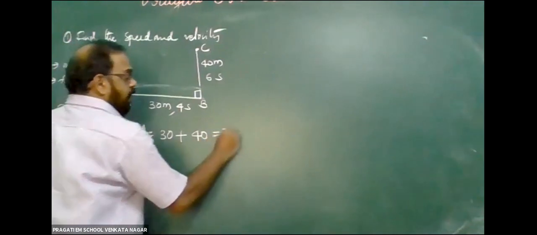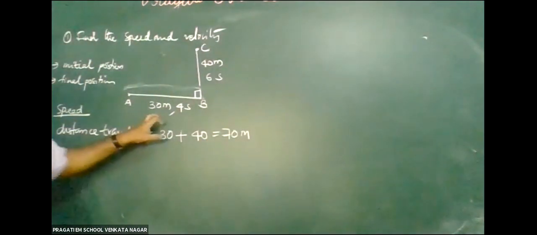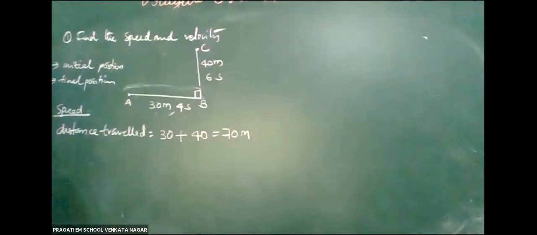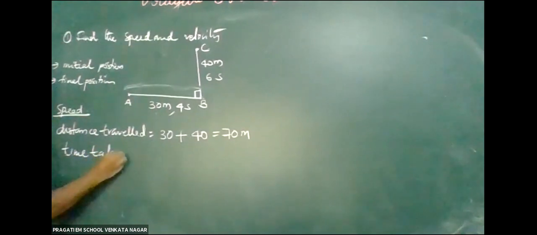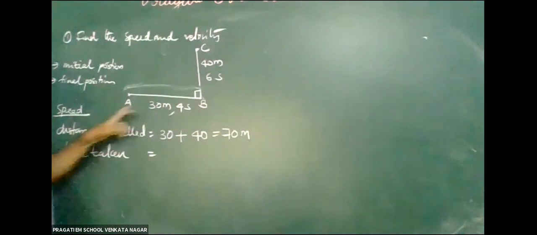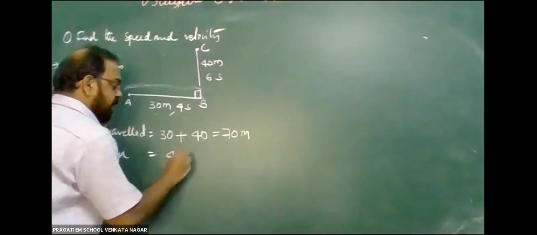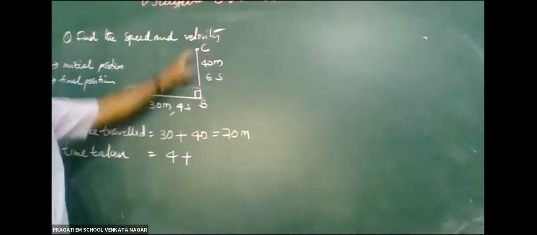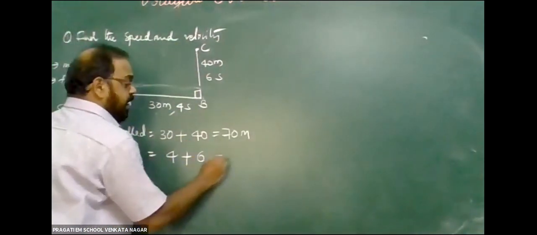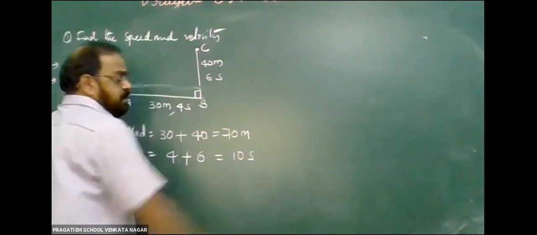Totally he traveled 70 meters, 30 plus 40. And total time taken: A to B 4 seconds, B to C 6 seconds, totally 10 seconds.